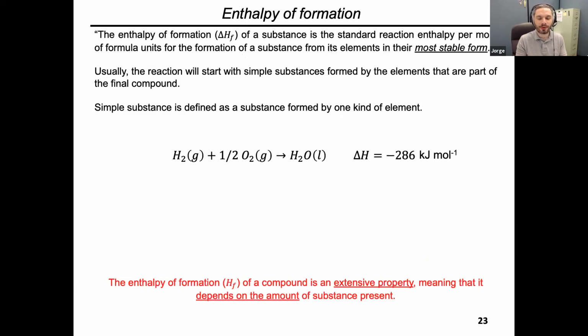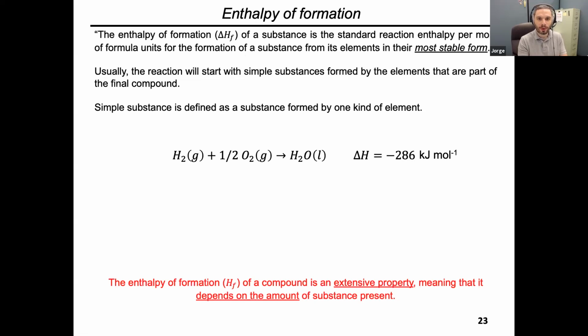The enthalpy of formation, symbol delta H F, of a substance is the standard reaction enthalpy per mole of formula units for the formation of a substance from its elements in their most stable form. Okay, so what does that mean?